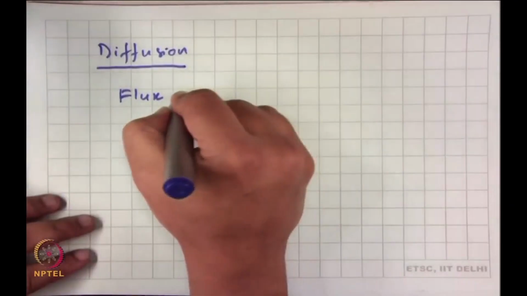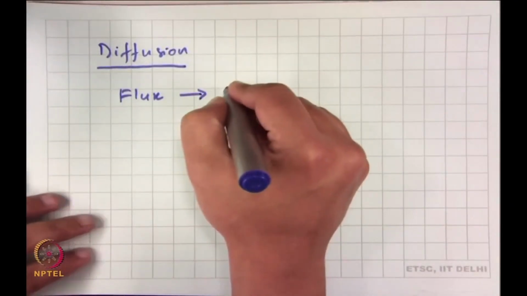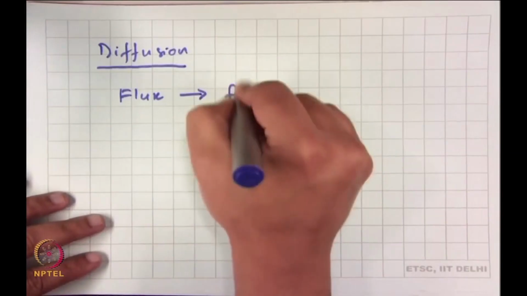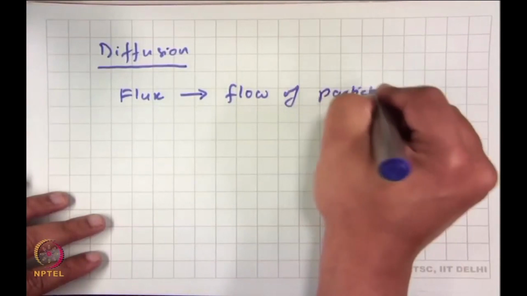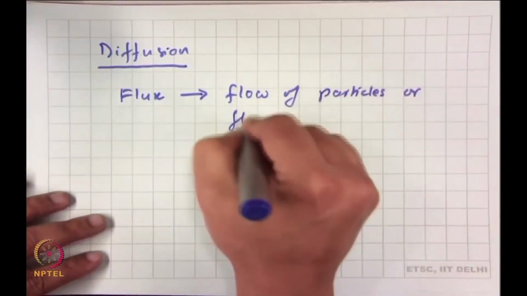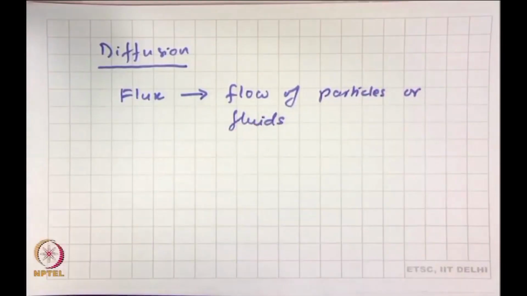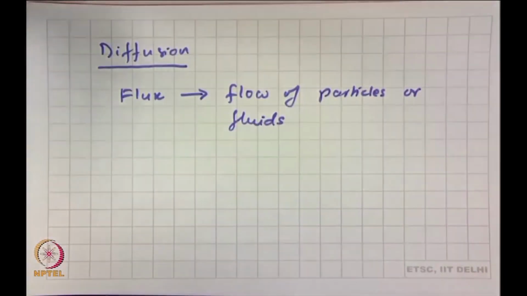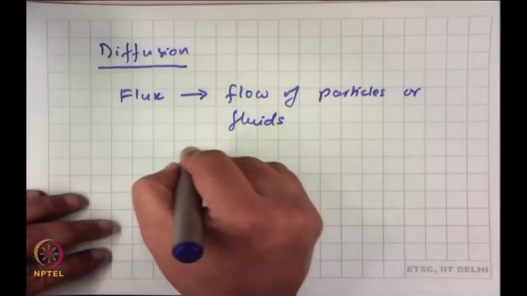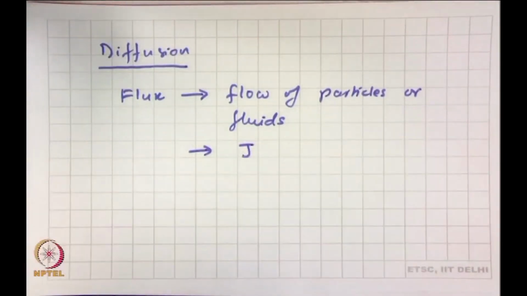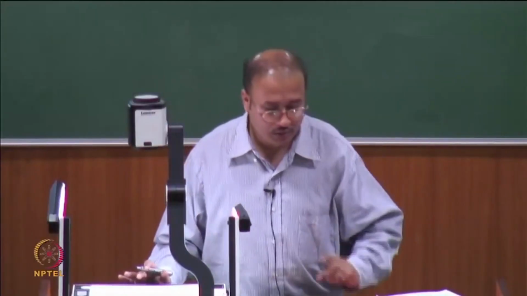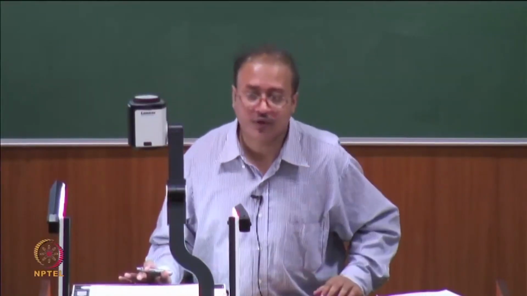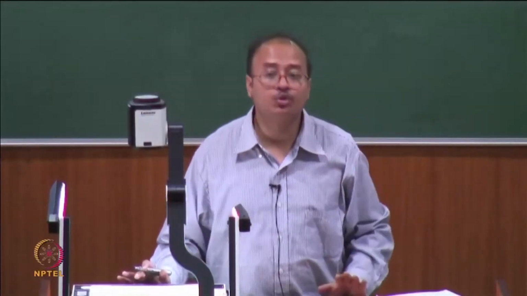Flux is a major component of diffusion, and it is typically referred to as your flow of particles or fluids, right, and is represented by the symbol J. Now, if you think for a brief moment about what flux can tell you, flux will be dependent upon two things.